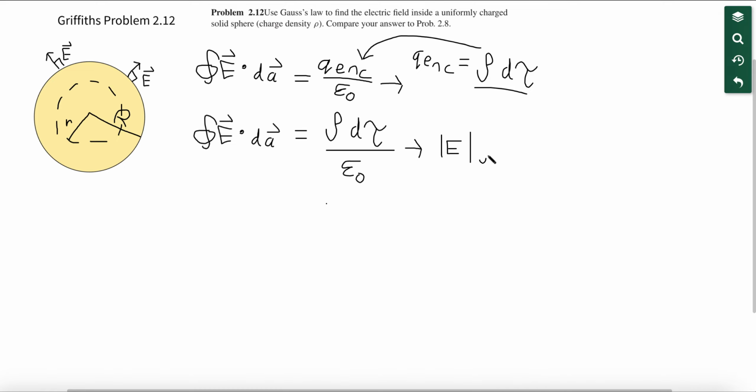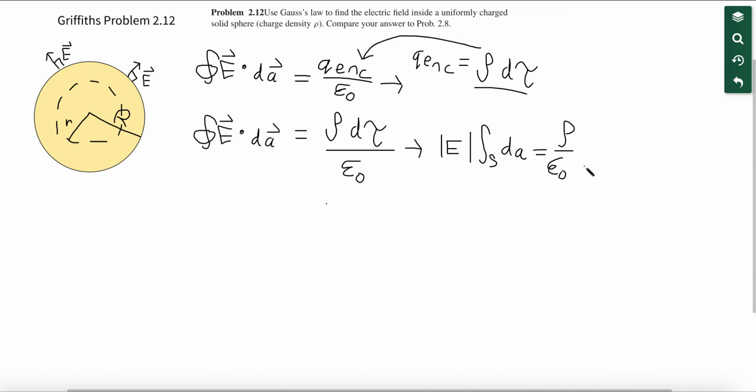And so now we're just left with a surface integral of our Gaussian surface. Furthermore, we also know that the charge density, rho, is uniform, because the sphere is uniform, so rho is constant. We can also pull that out of the integral on the right side. That also includes epsilon naught.